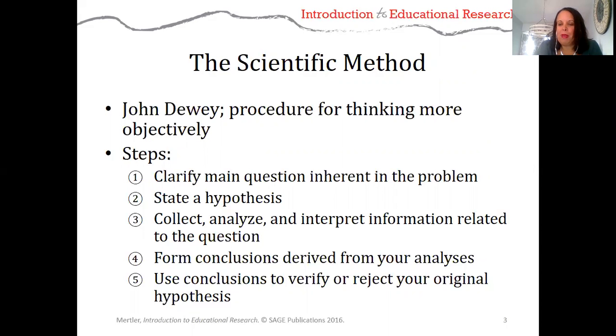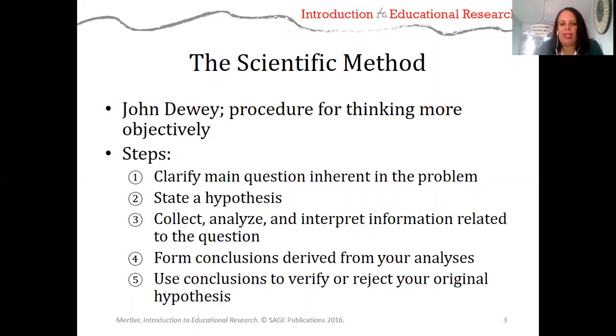Many of us, probably back to fourth grade or fifth grade, were introduced to research by the scientific method from John Dewey. And that's a very specific way of doing research. The scientific method is more the quantitative view of doing research, where you clarify the question that you have, you state a hypothesis that you believe based on all this research out there that these two things are related to each other.